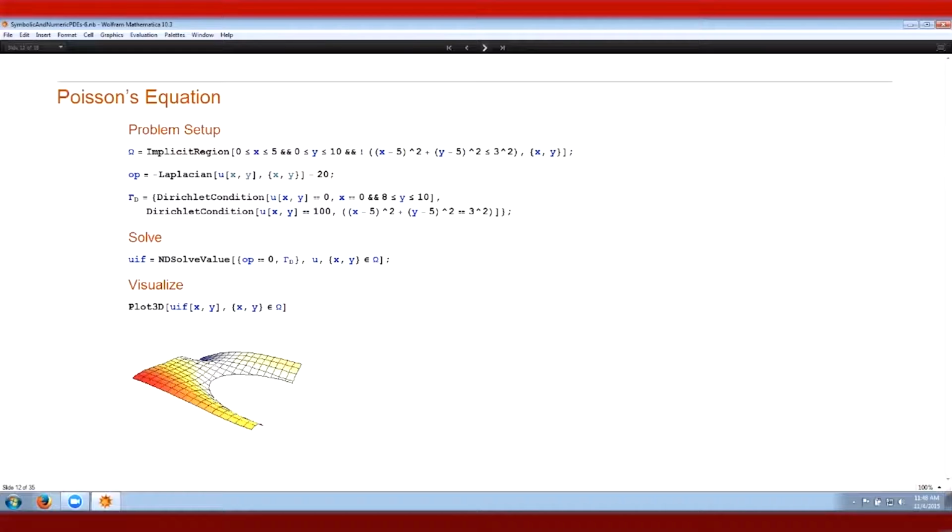We then call NDSolveValue with the operator set to 0, the Dirichlet conditions, the dependent variable u, and x and y elements of omega, and omega is the implicit region. We visualize the result. uif is the interpolating function returned by NDSolve, and the solution is depicted below.